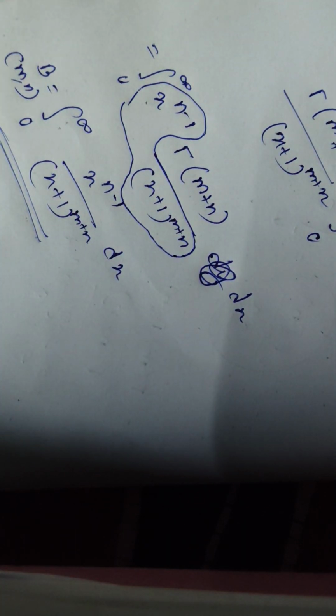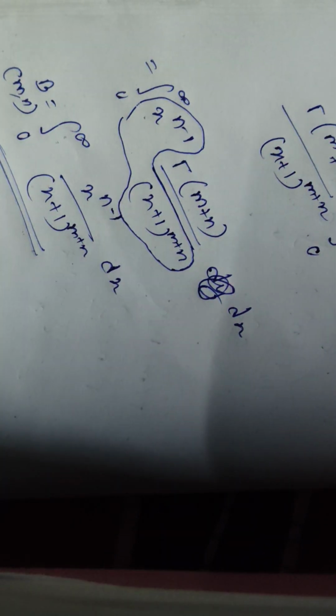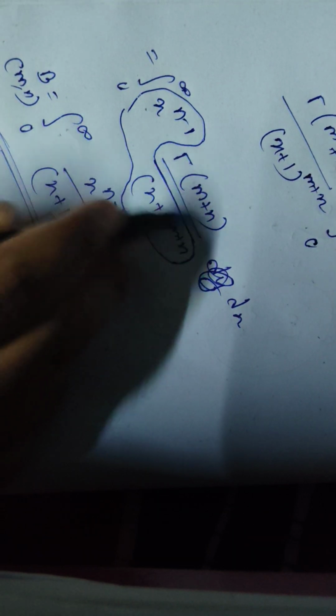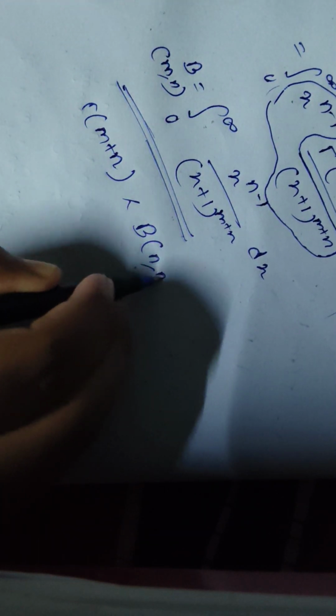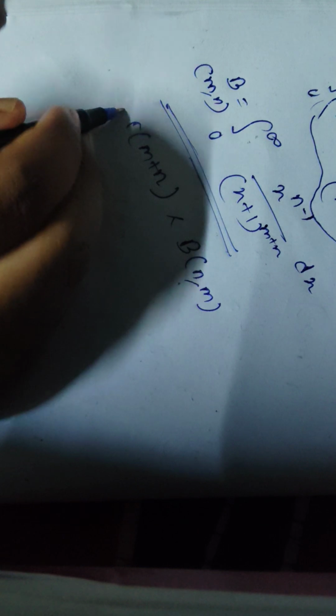Sorry for the noise, however we have to make this portion, because this is a constant, this is gamma m plus n into this is beta, so beta n comma m or whatever is equal to what we have got by multiplying gamma n into gamma m, right?